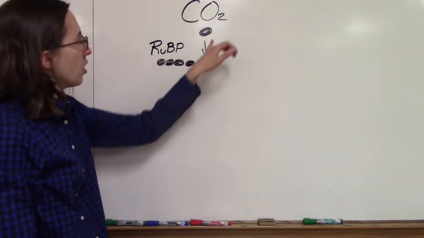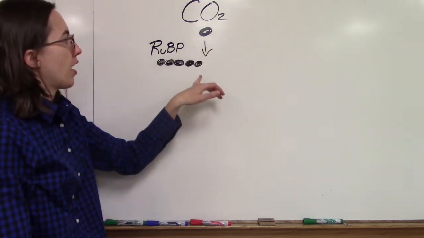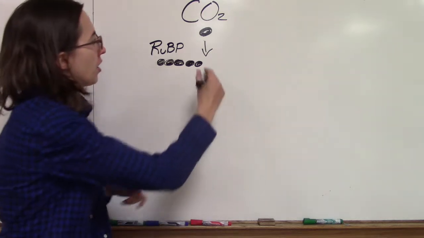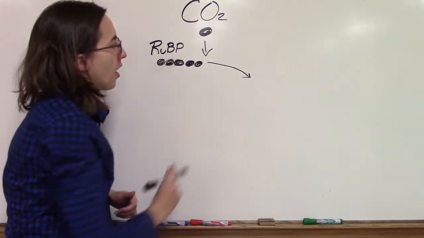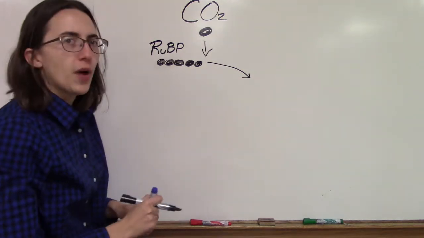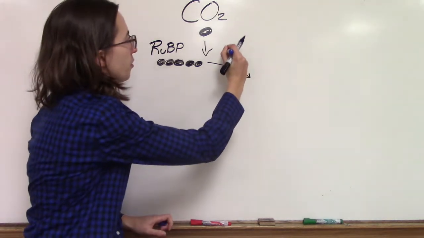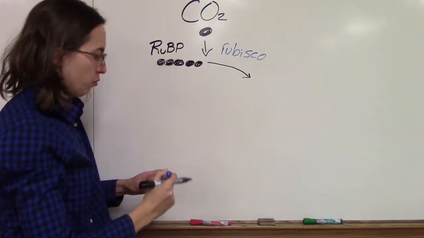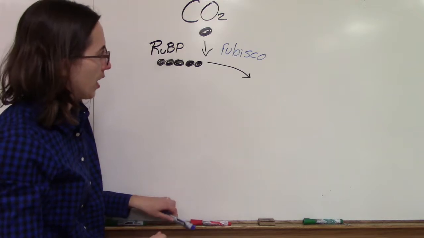Okay, so the 1 carbon of carbon dioxide and the 5 carbons of RuBP joined together. They're joined together by an enzyme called rubisco, one of the hardest working enzymes on the planet.